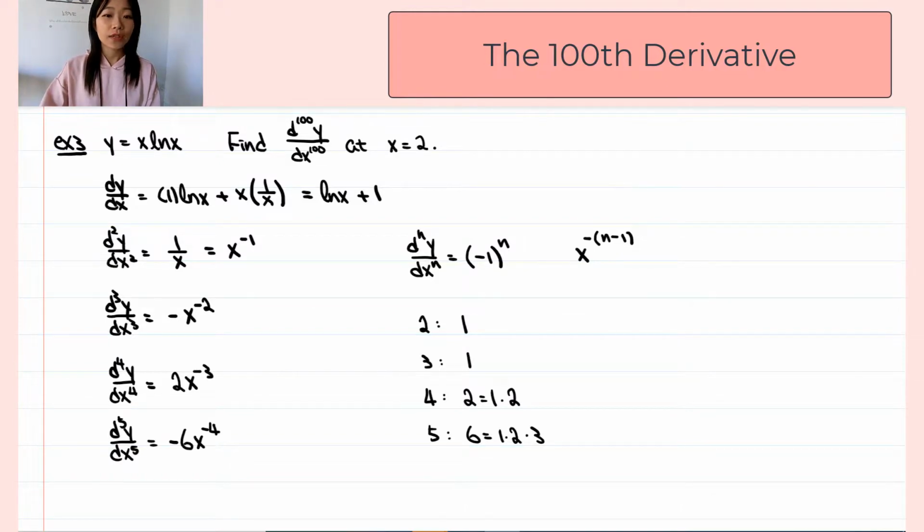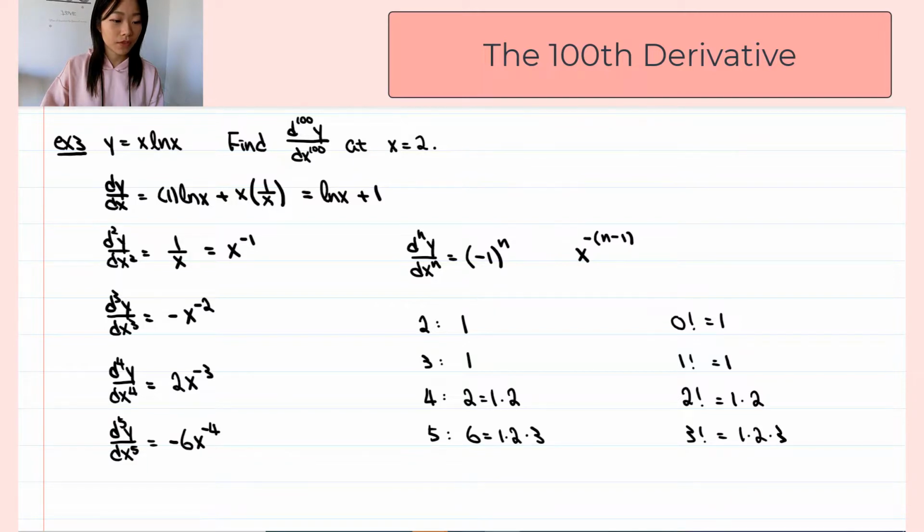Here we can use a notation that is called the factorial. So just a side note, 0 factorial is 1, 1 factorial is 1, 2 factorial is 1 times 2, 3 factorial is 1 times 2 times 3, and it keeps going.